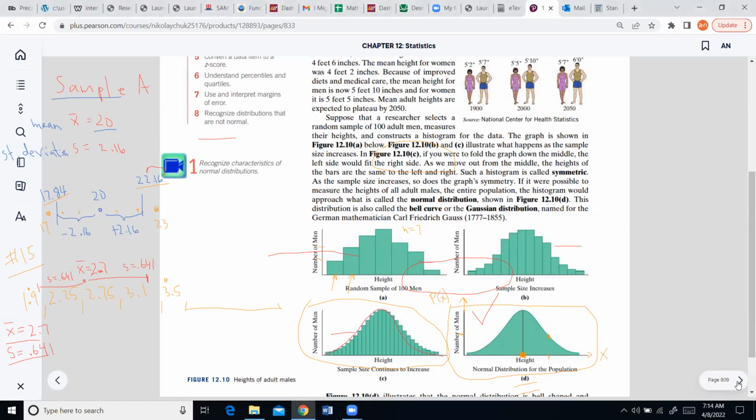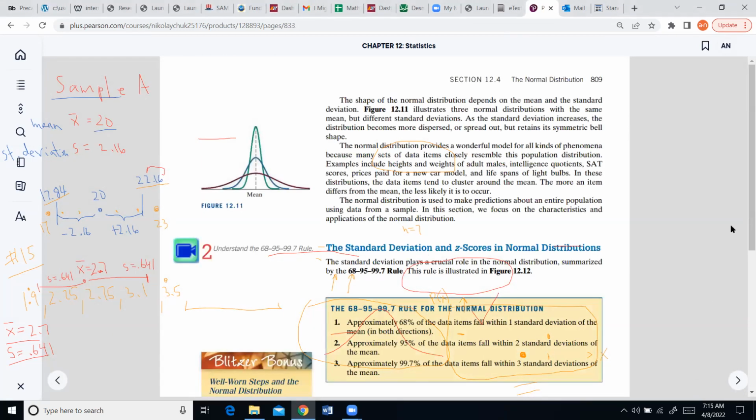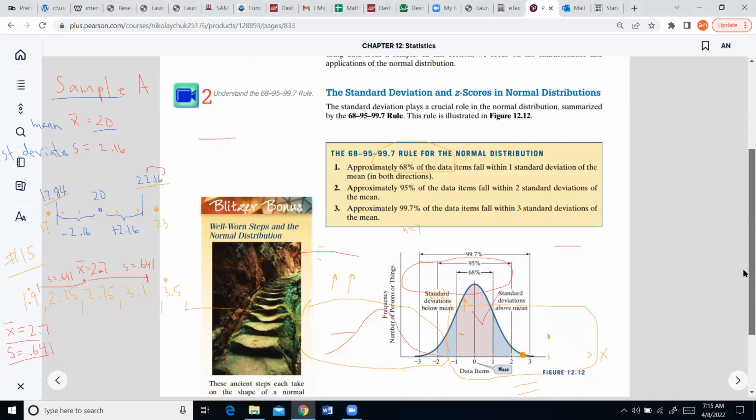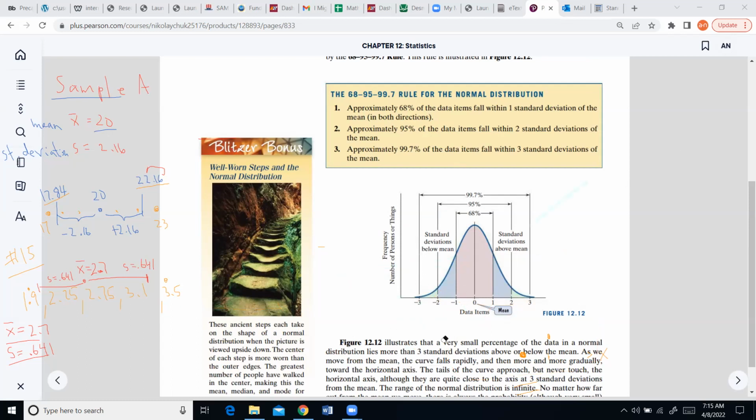So I can talk about this normal distribution, and the main observation is to notice that it has its center at the mean. And then what they do is they look at the special distribution, the so-called standard normal. The standard normal distribution has its mean at 0.